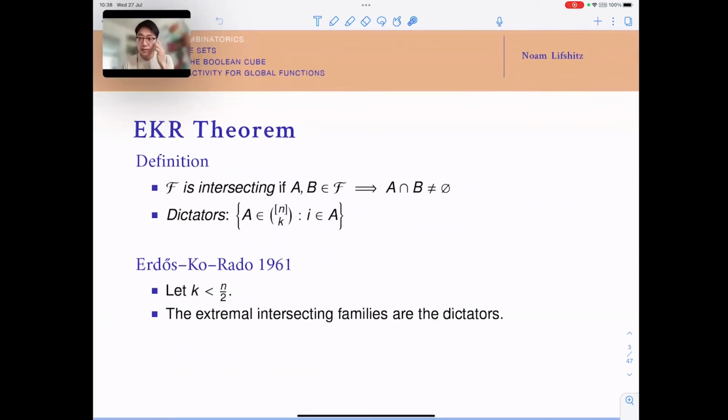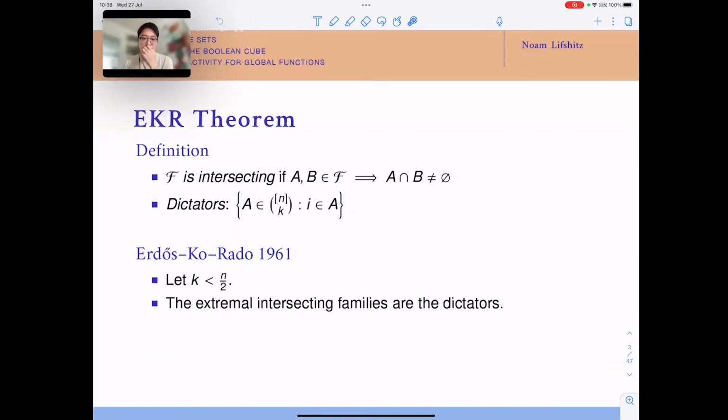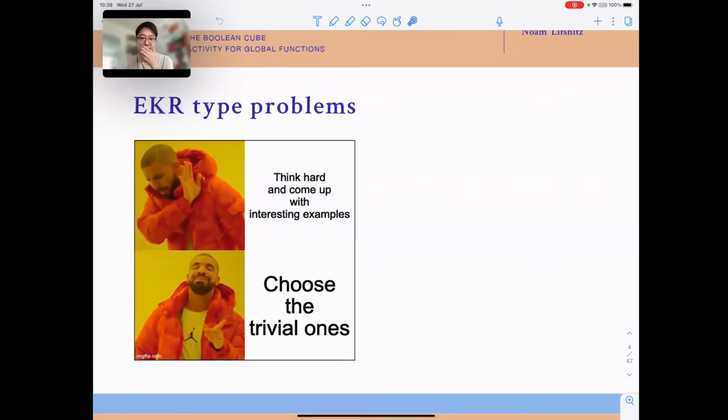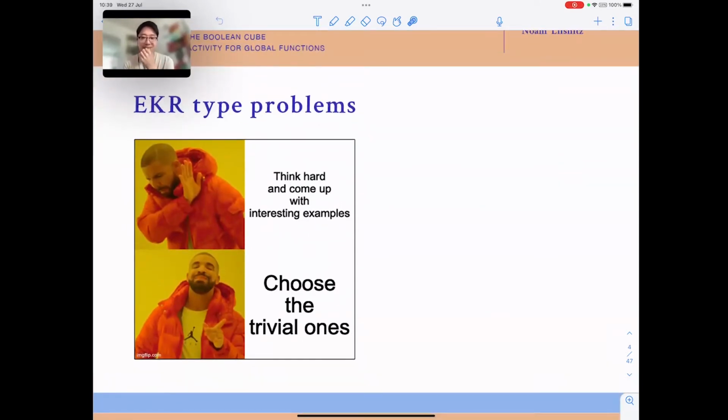And the Erdős-Corrado theorem says that the extremal intersecting families are the dictator. So the trivial example of an intersecting family is actually the largest one. That's the philosophy of Erdős-Corrado type problems. Instead of coming up with interesting examples, we can just choose the trivial ones when we try to come up with large sets that satisfy certain restrictions.